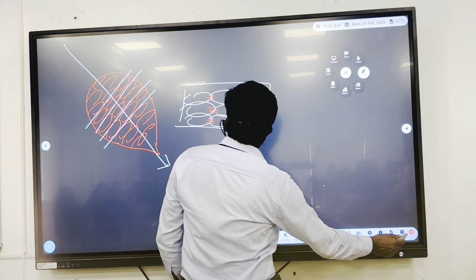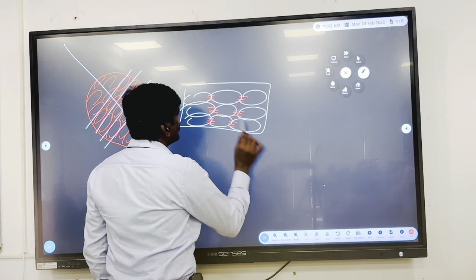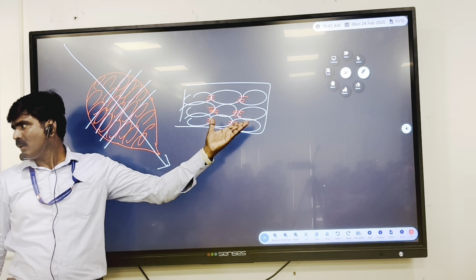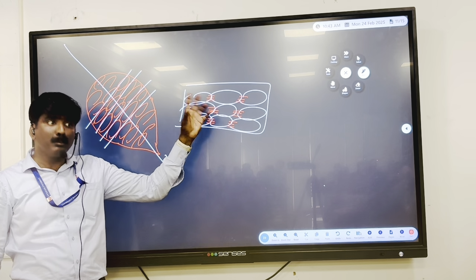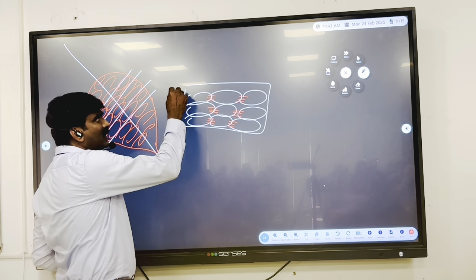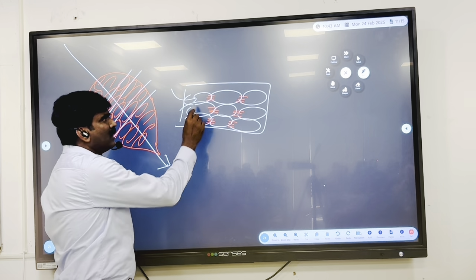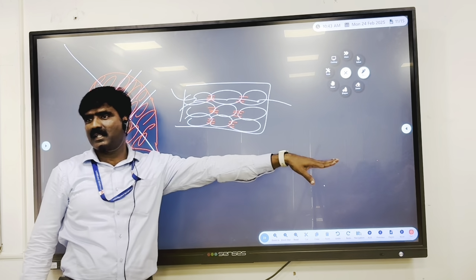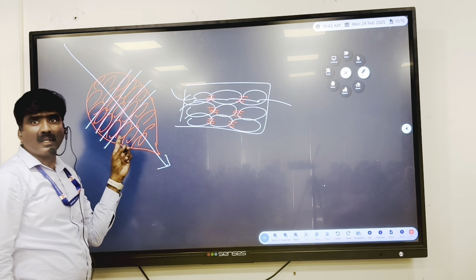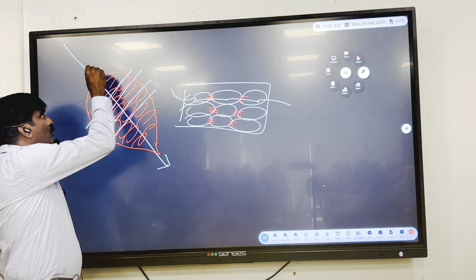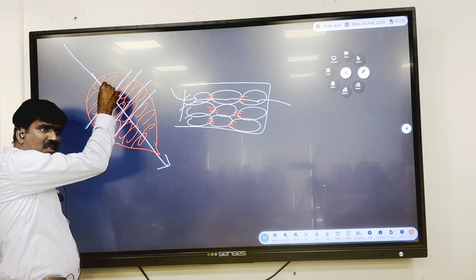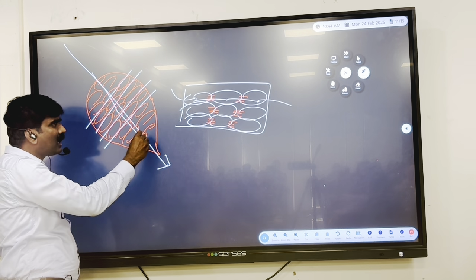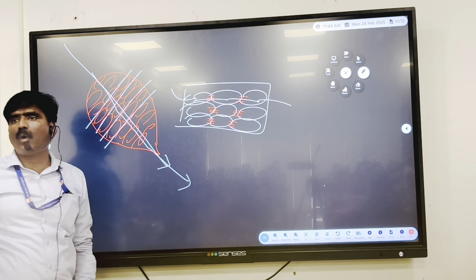Imagine, how many cells are there here? Only 3 cells, right? And gap junction is also more. So when the current enters the cell, easily it crosses 3 cells and goes to the other side. But here, it has to cross so many cells, each and every cell, and then come out.